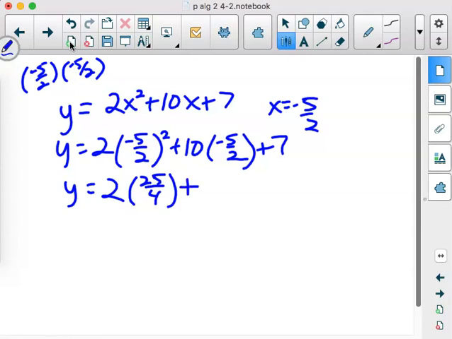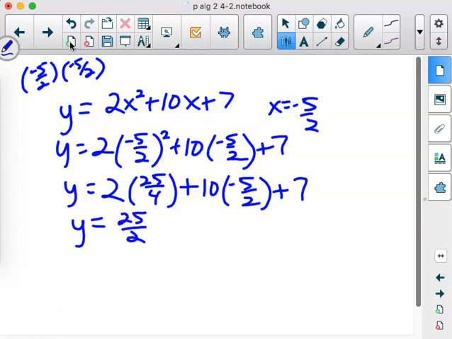And then I'm still going to do 10 times negative 5 halves plus 7. But again, order of operations said take care of the exponent first. That's what I did. So now I go back, and the next thing to do would be multiply and divide from left to right. I can either do a little reducing here with the 2 and the 4, because a 2 goes into both of those, or I could multiply 2 times 25, get 50 fourths, and reduce that.